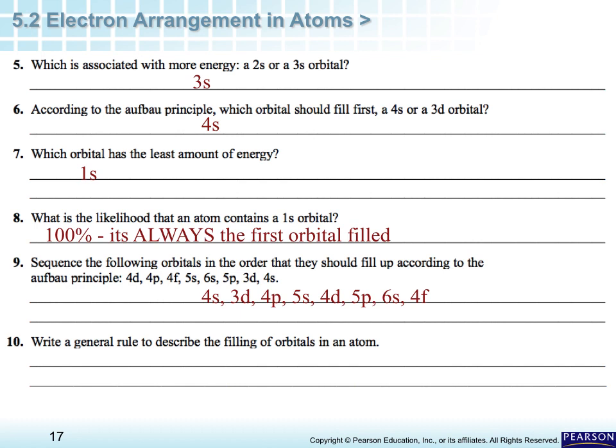Right off the bottom of your periodic table. And a general rule for describing filling orbitals, Aufbau always fills lowest energy first, which if you look at the bottom of your periodic table, goes left to right.